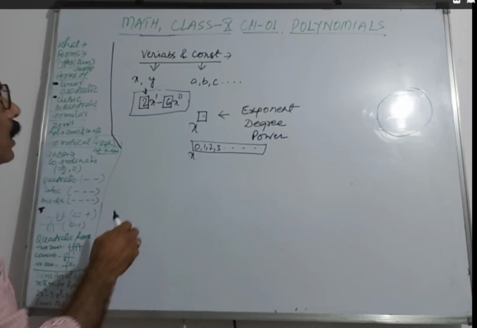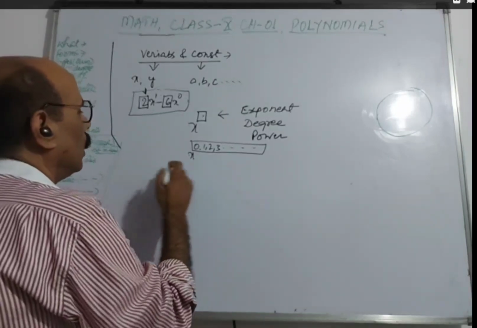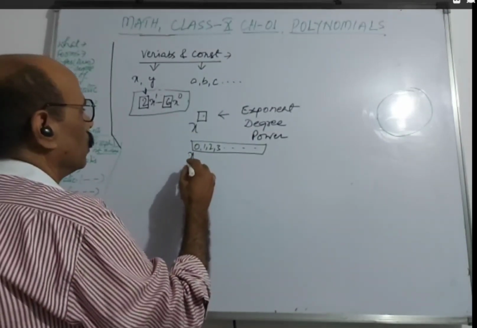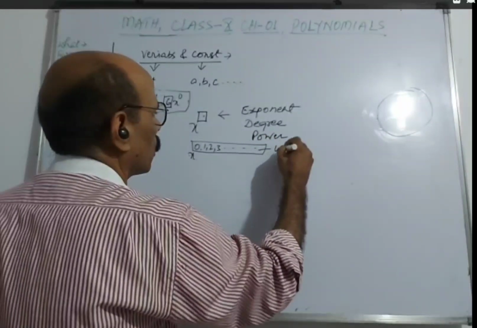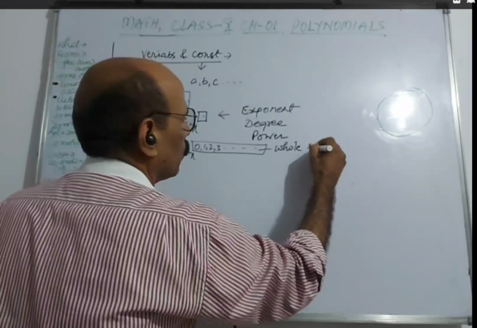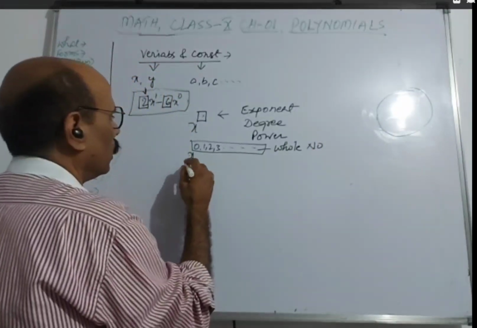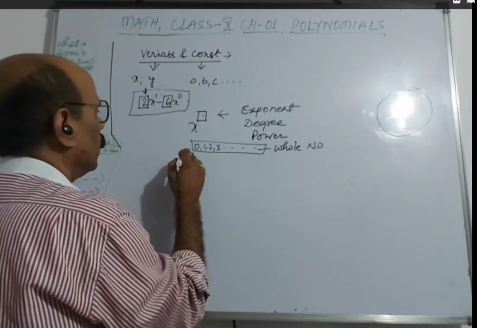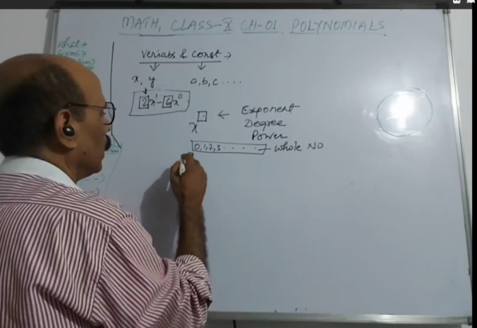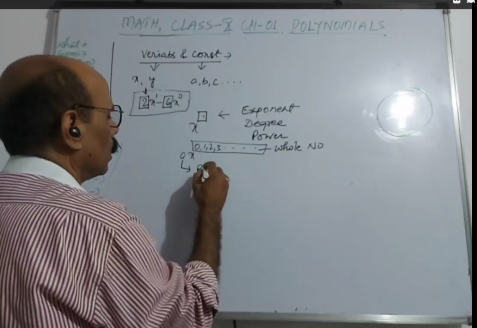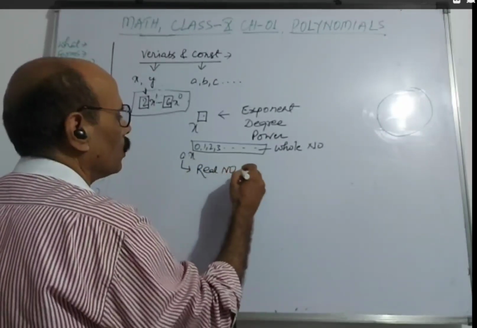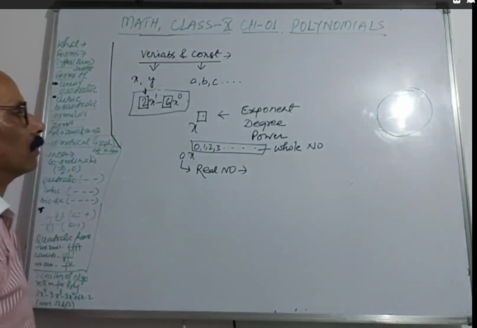The nature of coefficient will be any real number. The degree will be a whole number, and the coefficient, denoted by a, will be a real number. Real number means any type of number.